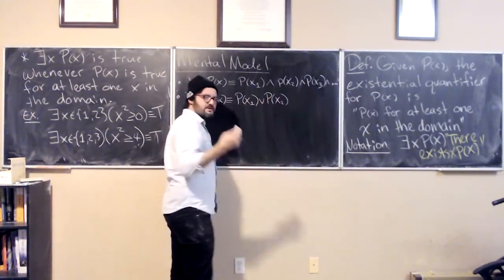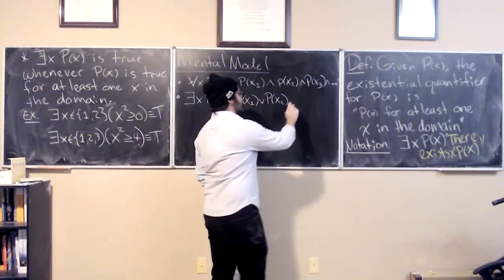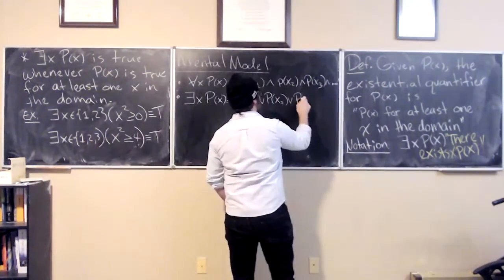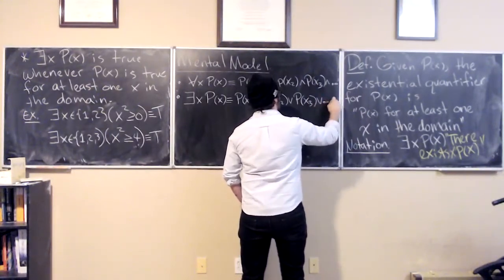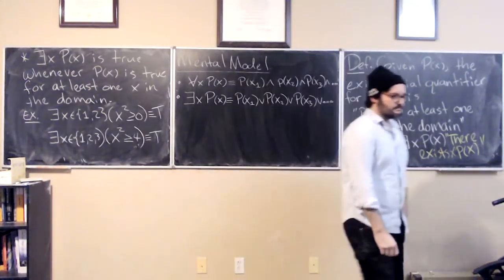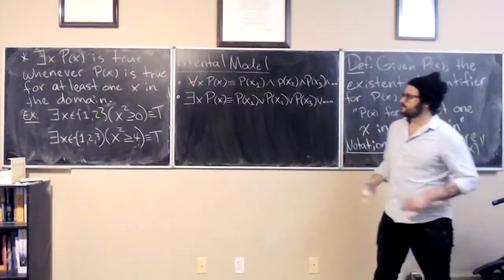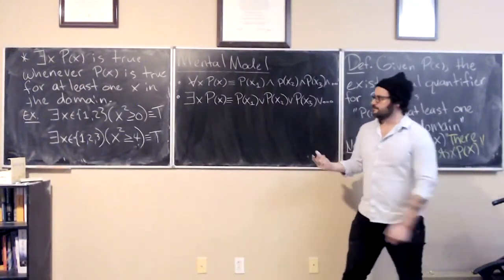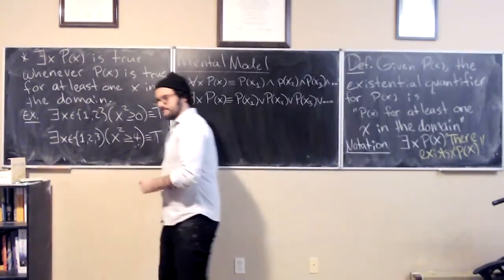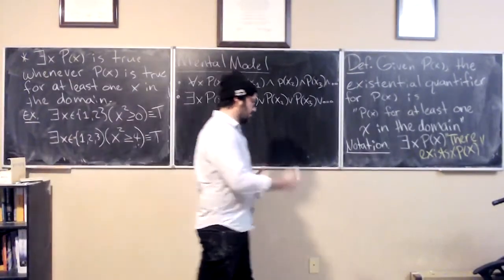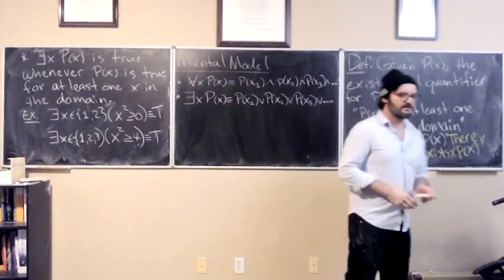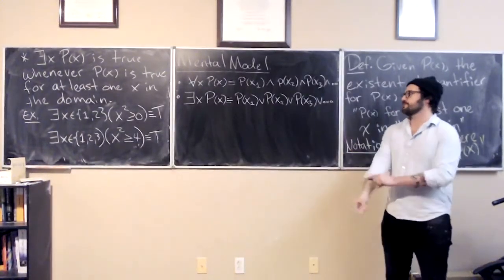And we know that the disjunction is true when at least one of them is true, right? So this is a way of thinking about these quantifiers. We're just exhausting every element in the domain and applying the conjunction or disjunction, respectively, for universal and existential.